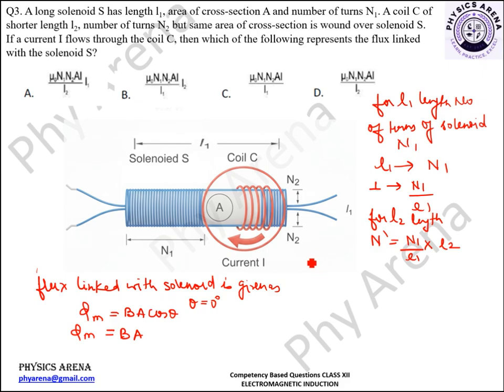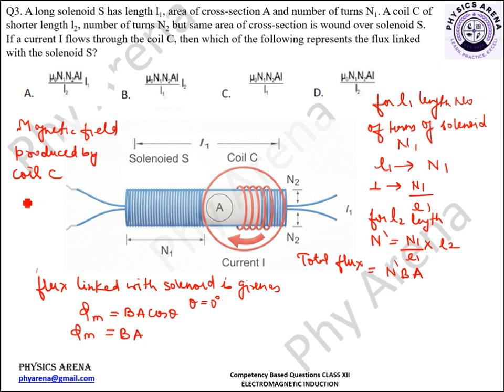So now the total flux linked will be equal to N dash times BA, where B is the magnetic field produced by coil C. Since this coil C is also a solenoid, the magnetic field produced by coil C will be equal to mu naught, number of turns per unit length, that is small n2, multiplied by current in it.